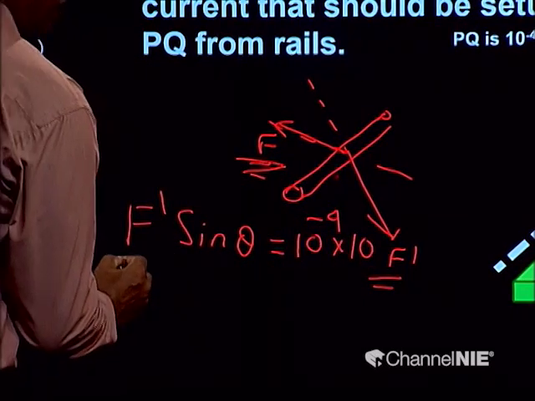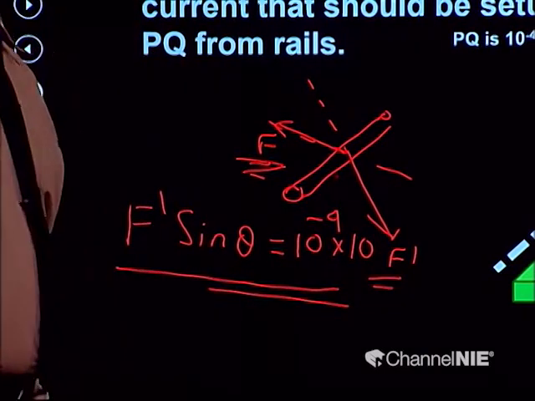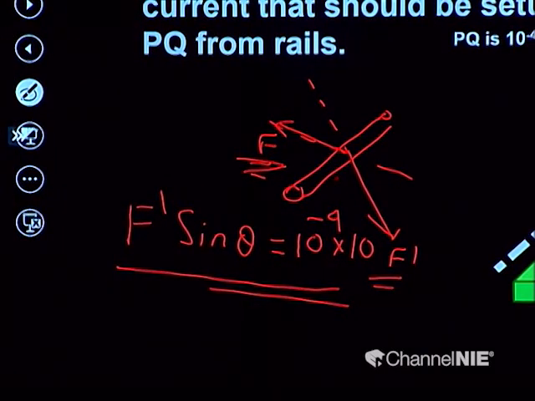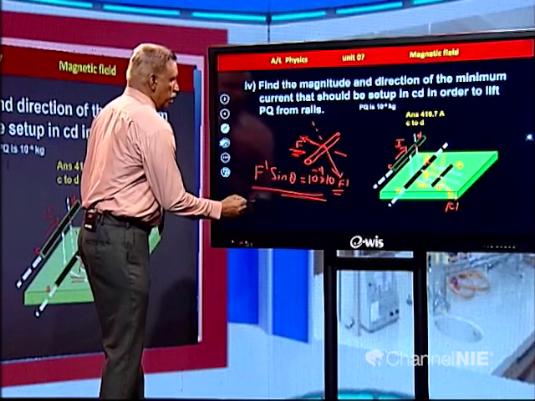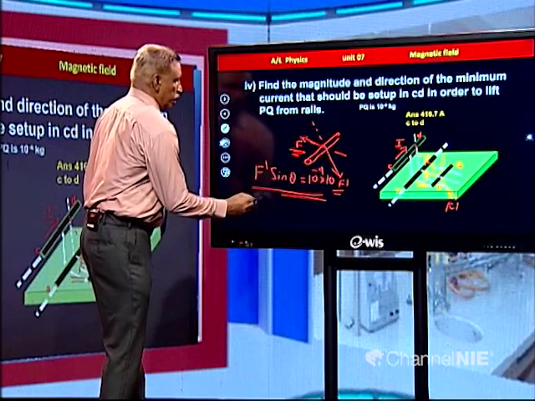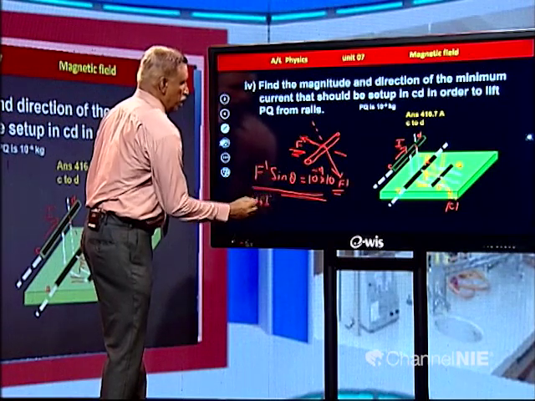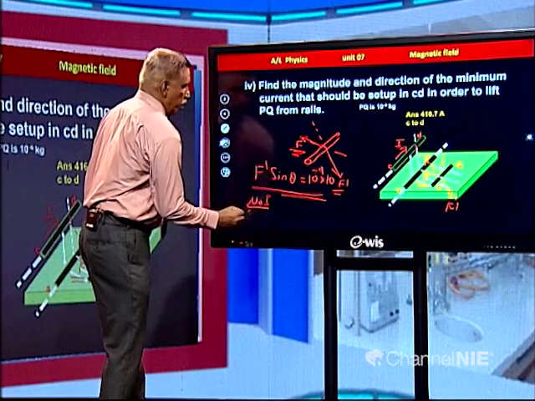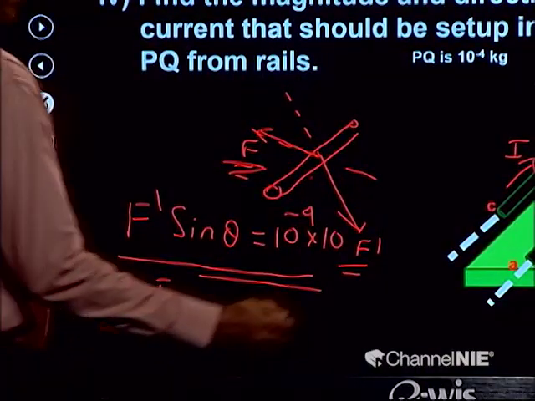So this is the equation. We can find the minimum current. Substitute this F dash, mu naught I over 2 pi d. This one is I, this one is d.